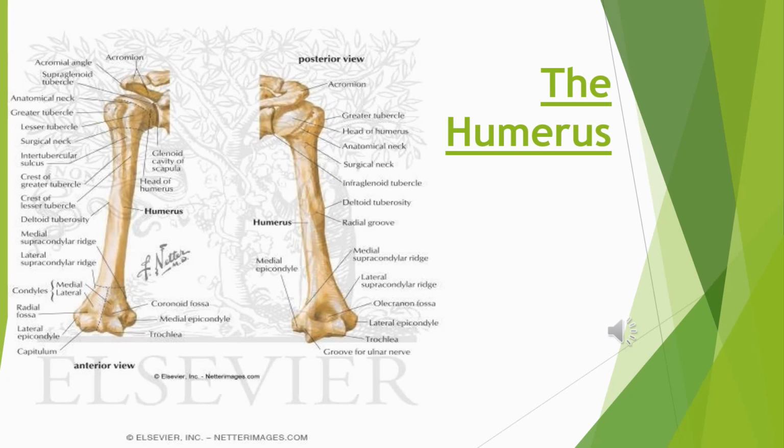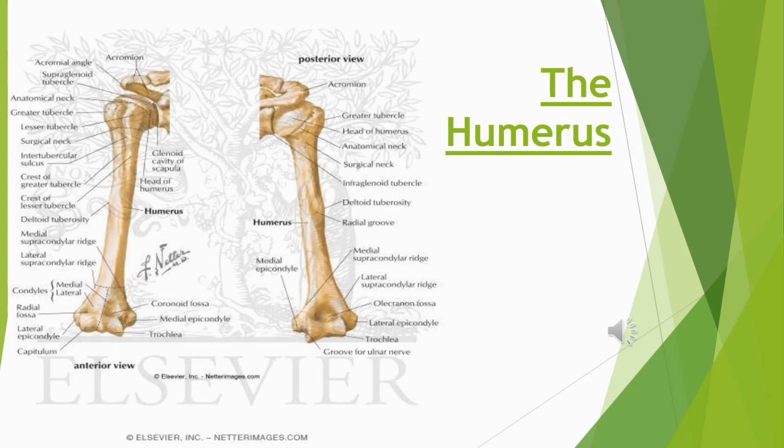Moving on, we'll be seeing the greater and lesser tubercle. The significance of these tubercles are that they are the attachments of the rotator cuff muscles, which is your SITS, which is your supraspinatus, infraspinatus, teres minor, and your subscapularis.